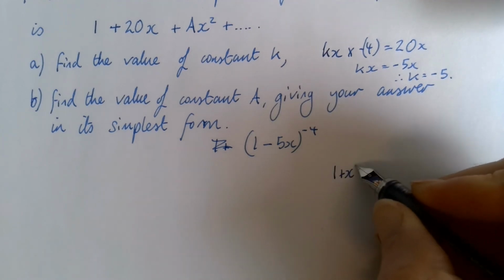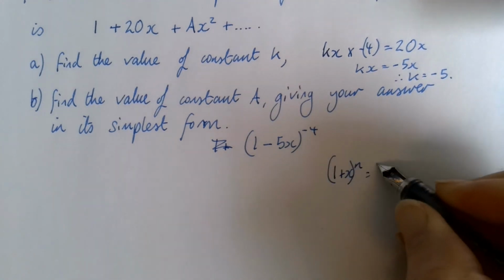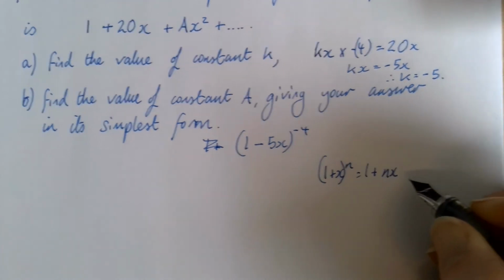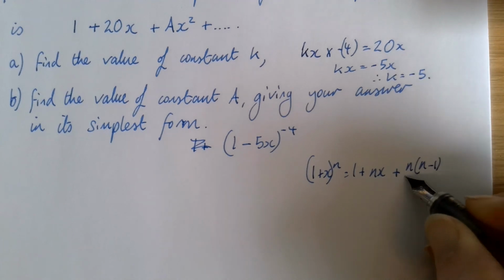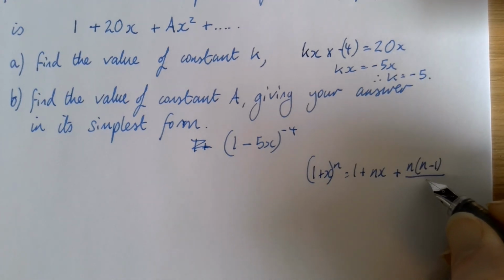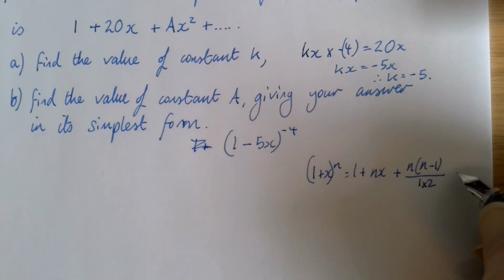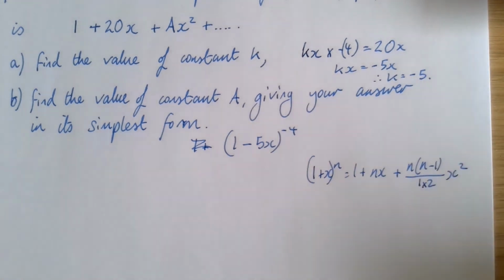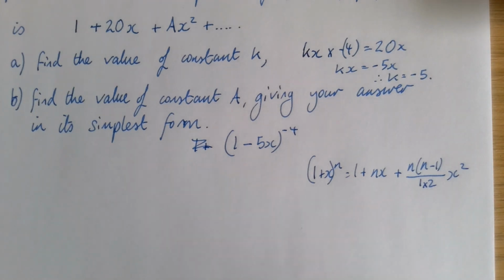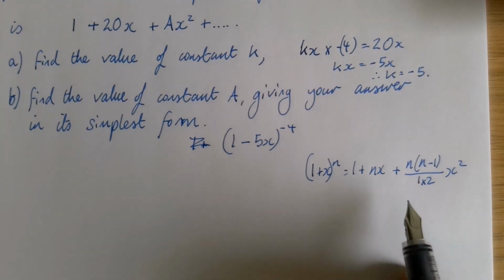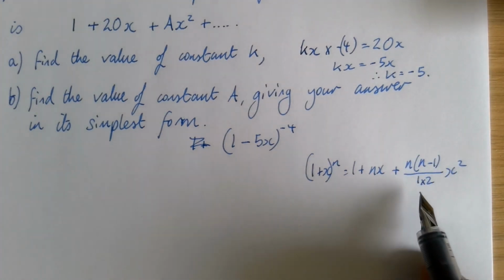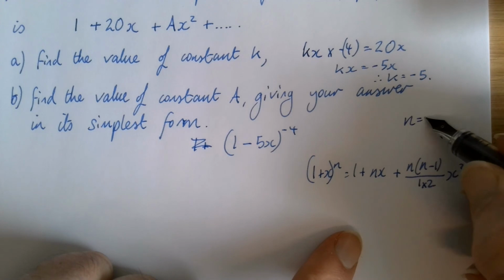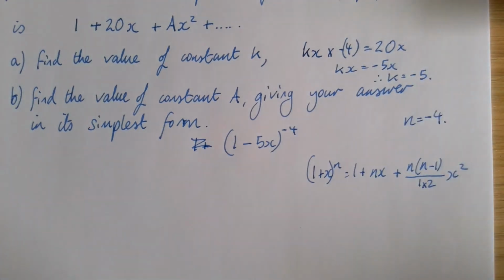So 1 plus x to the power n is 1 plus nx plus n and negative 1 over, and when we did it before, we had it as 2 factorial down here, didn't we? Which is another way of writing it, but this is what you're going to see in the formula book, so let's go with that. So we're looking for the number of x squared, so we need to do this calculation here. N is negative 4, isn't it?